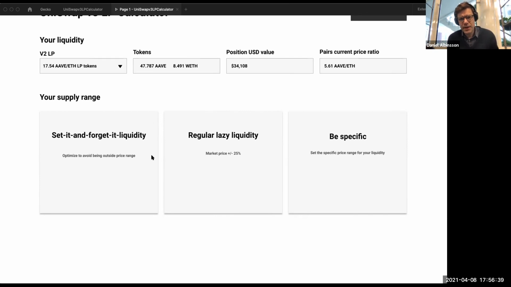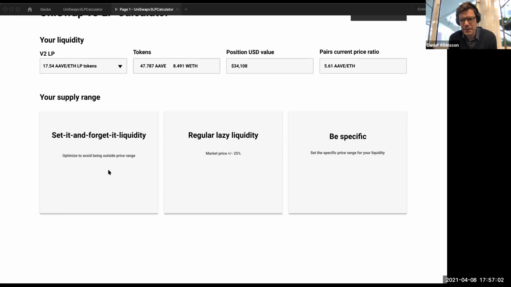And now we have the initial choice, basically three choices on where to supply. This is really trying to be both very advanced, but also answer what I would get if I just do something simple. So the first one is set it and forget it. It would basically try to be in price range all the time for the time duration.